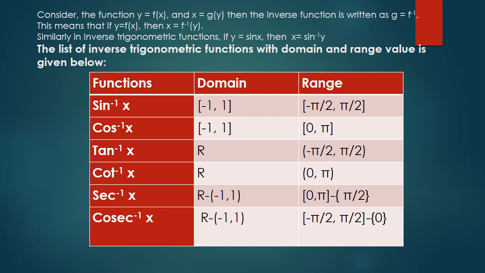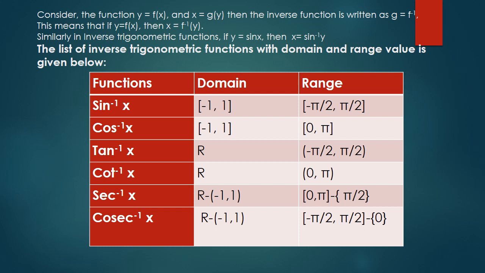Similarly, in inverse trigonometric functions, if y is equal to sin x, then x will be equal to sin inverse of y. Similarly, trigonometric ratios can be expressed in the form of inverse trigonometric ratios.